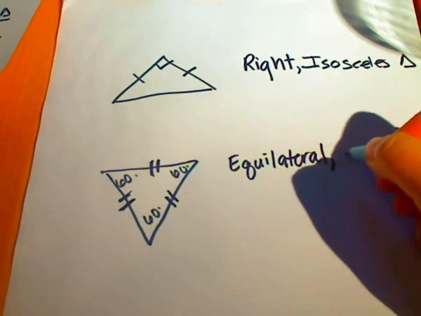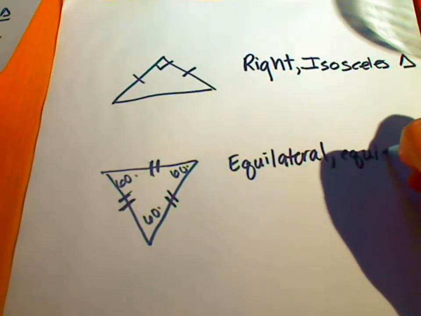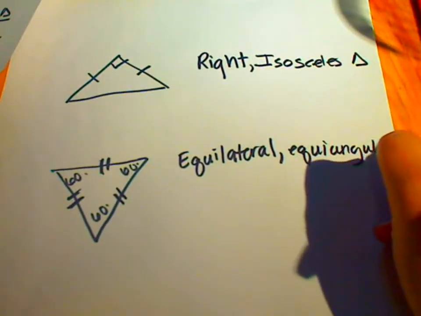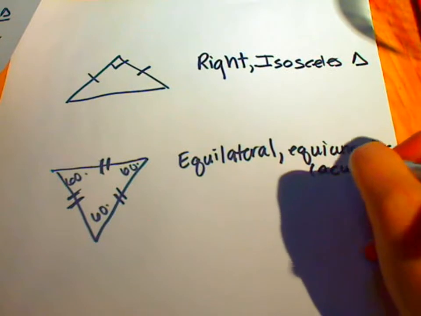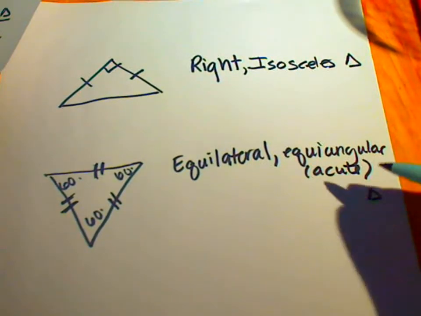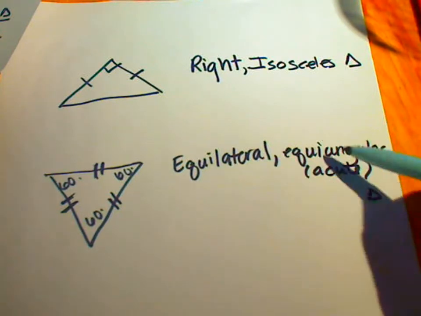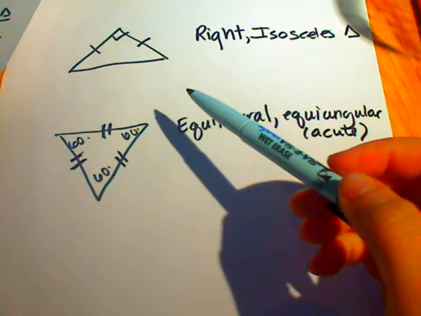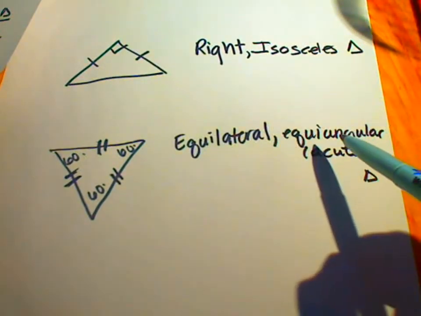It is also equiangular. Consequently, they all are acute. There's an equilateral acute triangle, an equilateral equiangular acute triangle. So they can mean more than just one thing or the other.